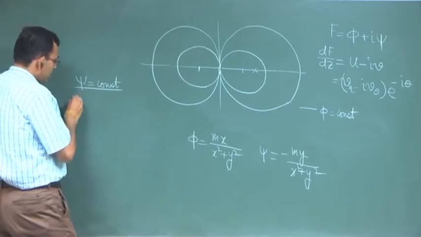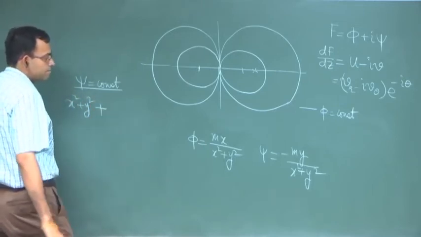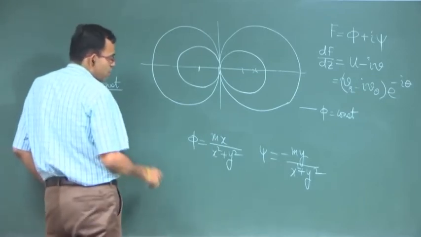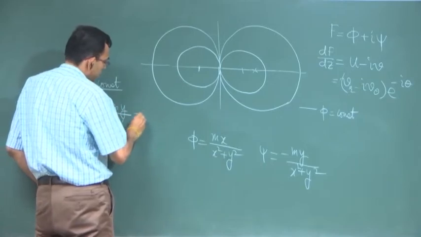So, x square plus y square plus m y by psi equal to 0.